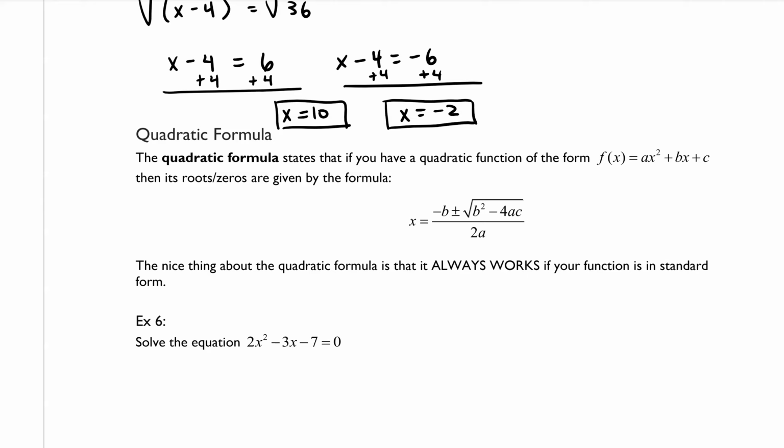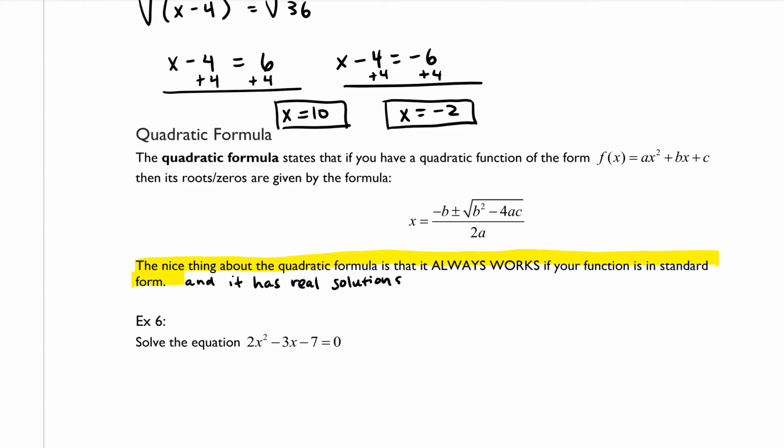Sometimes there are non-real solutions, and don't worry too much about what that means because we're not going to talk about it much in this class, but if you take future math classes, you might get into that more there. But again, let me just reiterate, the nice thing about the quadratic formula is that it always works if your function is in standard form, and I should probably add, and it has real solutions.